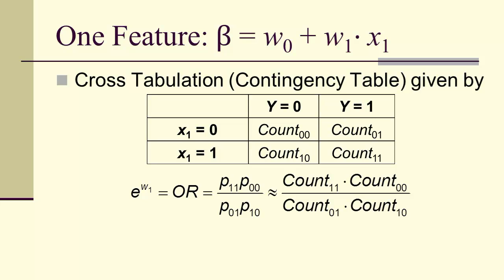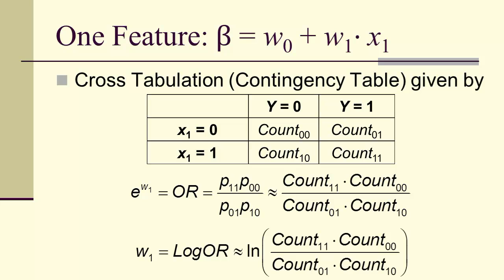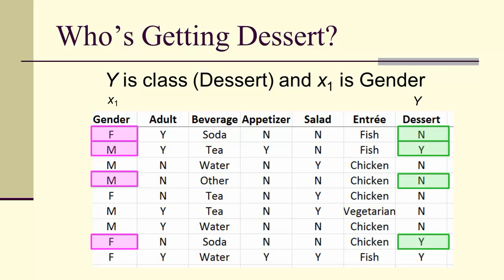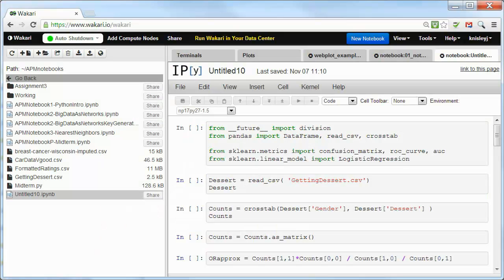We can think of that in terms of counts, and therefore W1 is the log of this ratio of products of counts. So let's look at an example. Y is in class dessert and X1 is gender. And remember, we had a female that did not get dessert, a male who did, a male who did not, and a female who did.